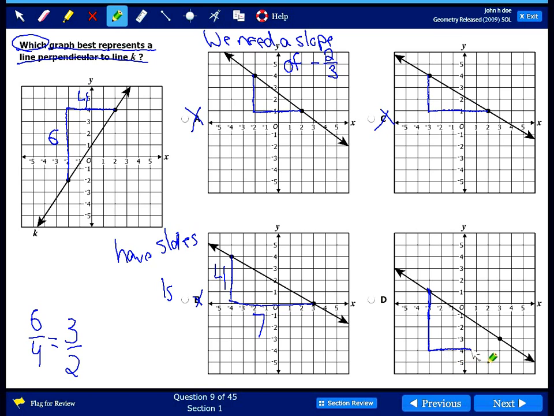I'm sorry, went down too far. Let's try this one more time. Down 4, to the right 6, and that will be equal to negative 2 over 3. So D is the right answer.